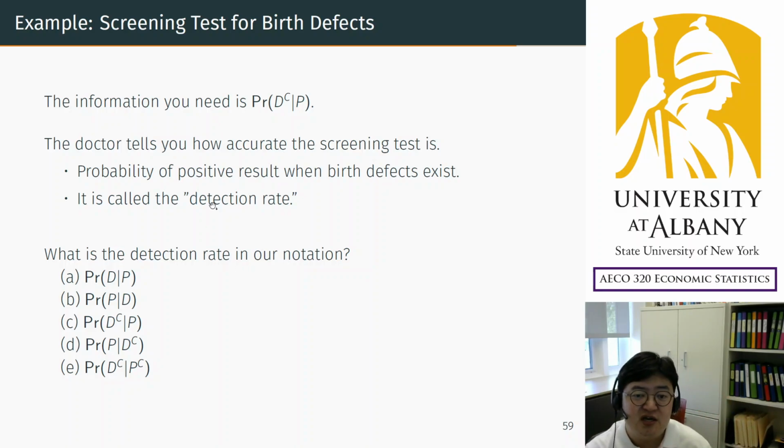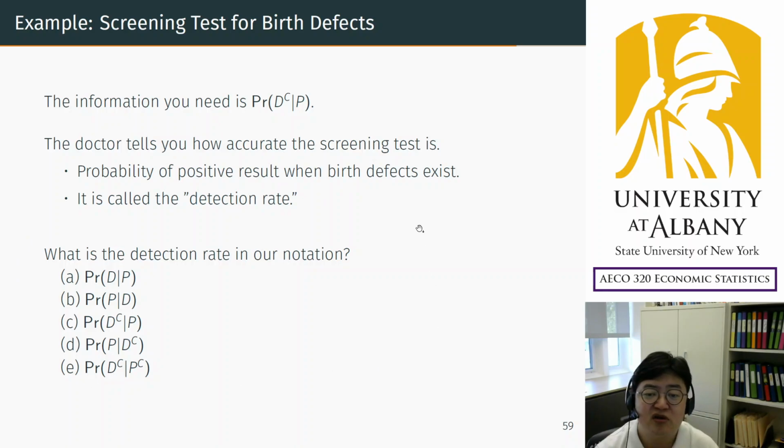So detection rate is a more scientific research term. When scientists in the lab calculate the accuracy of the test, they use detection rate. It is defined this way: the probability of a positive result when birth defects exist, right?